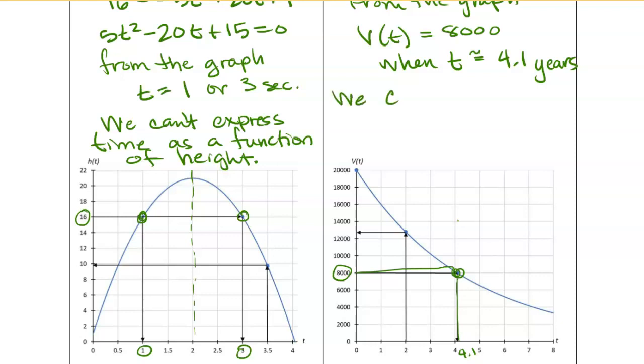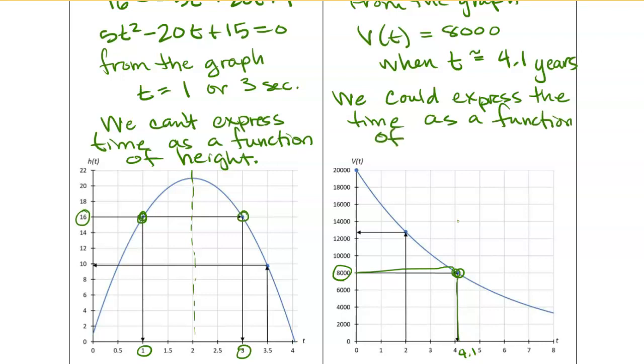If we had the right algebraic tools, like logarithms, we could express the time as a function of the value of the car, because every value occurs at exactly one time.